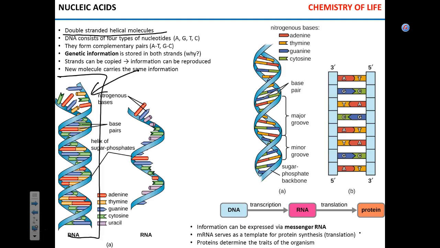There are 4 types of nucleotides, individual building blocks that form DNA. You all know them: A, G, T, and C. They do form complementary pairs. A pairs with T and G pairs with C. And this is what's holding DNA molecules together. The nucleotides in the opposite strands interact with each other, forming hydrogen bonds, and hold the strands together.